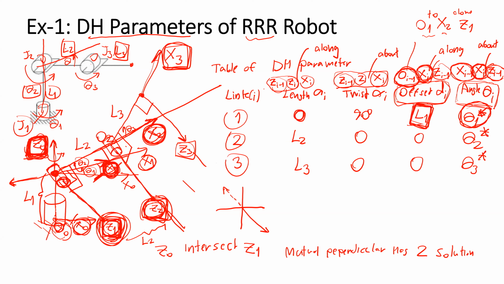Yes. But on the other hand, if we set O0 at the same point as O1, the length is 0, right? But the offset is also 0, correct?